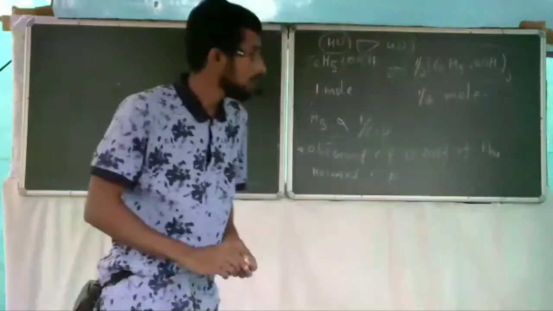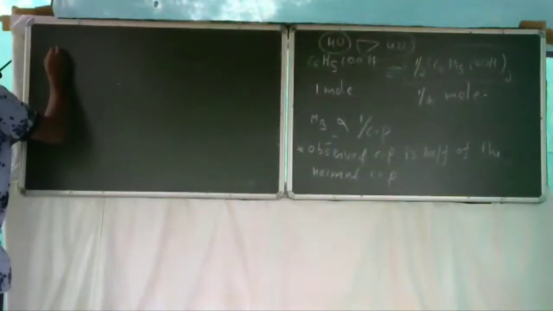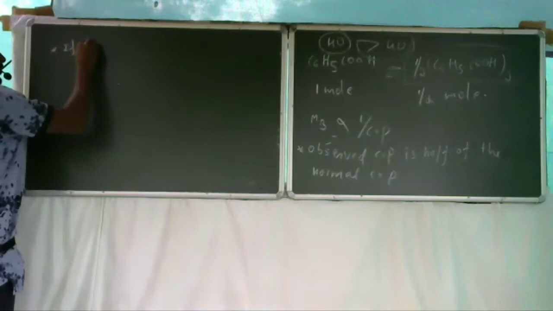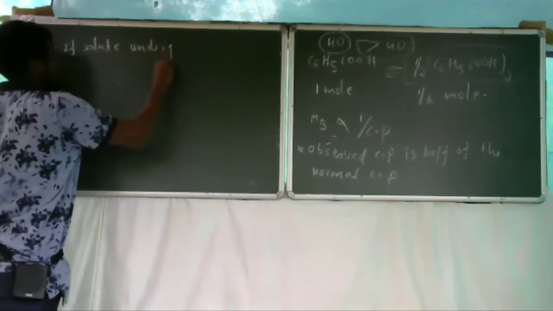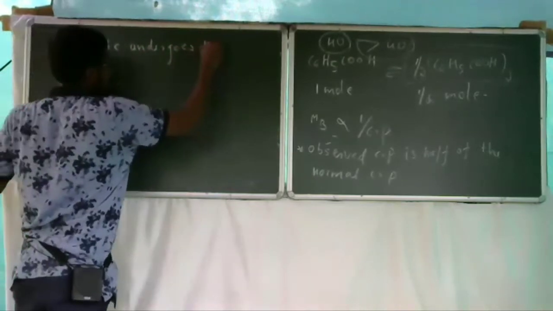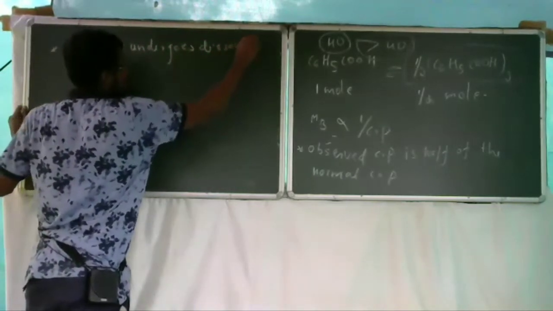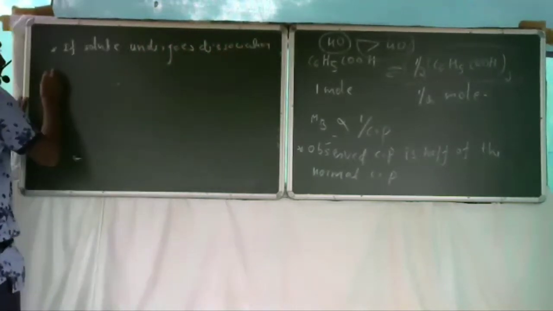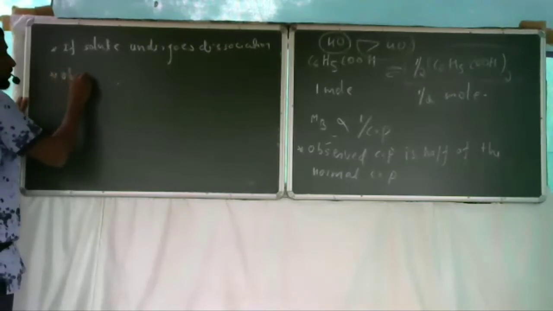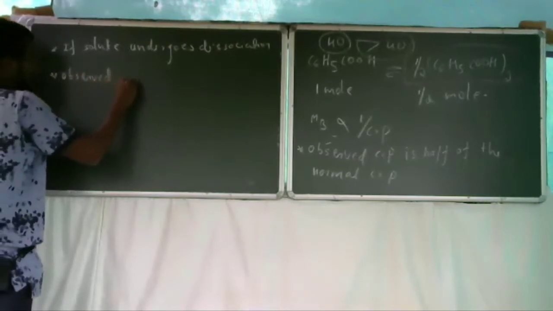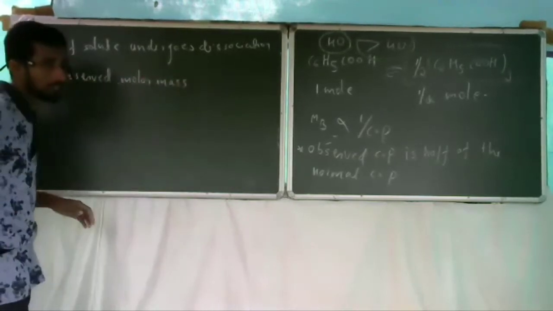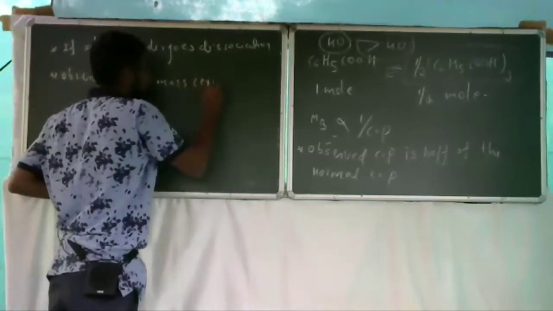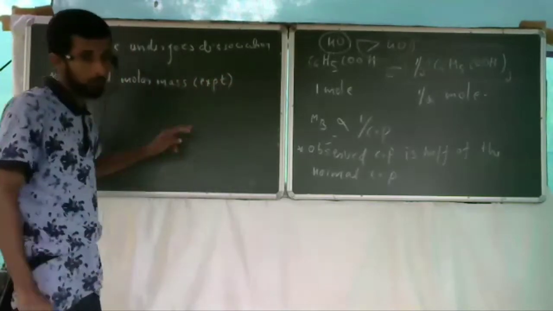Okay, so in summary we can write, if solute undergoes dissociation, observed molar mass. What is the meaning of observed molar mass? That is experimentally calculated molar mass using colligative property.